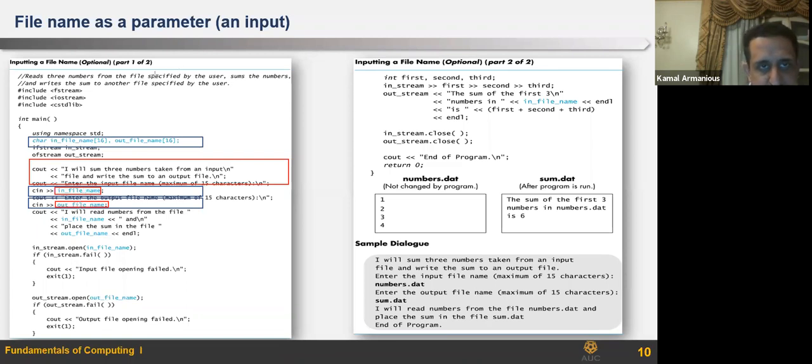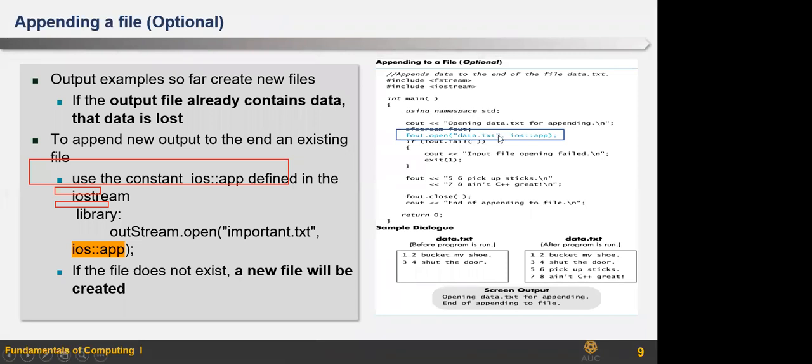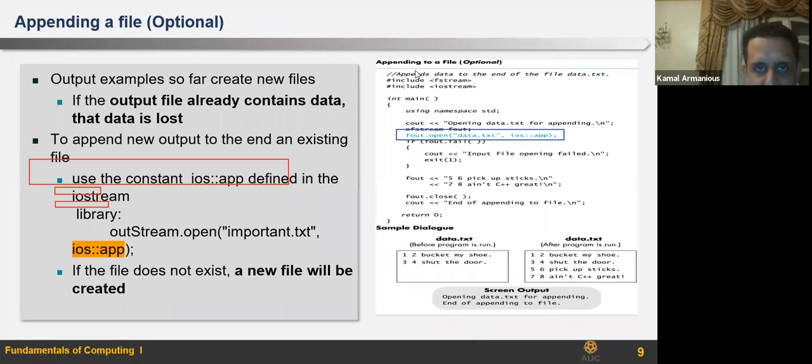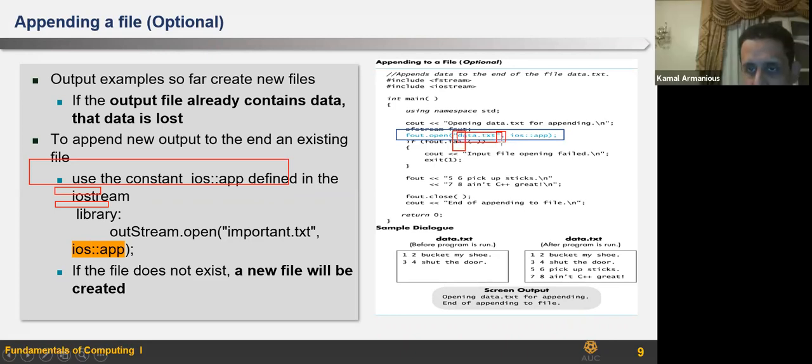If you see this example and compare it with the previous example, here I put the name of the file between quotation marks, which means that I will read data.txt. This is in this example.